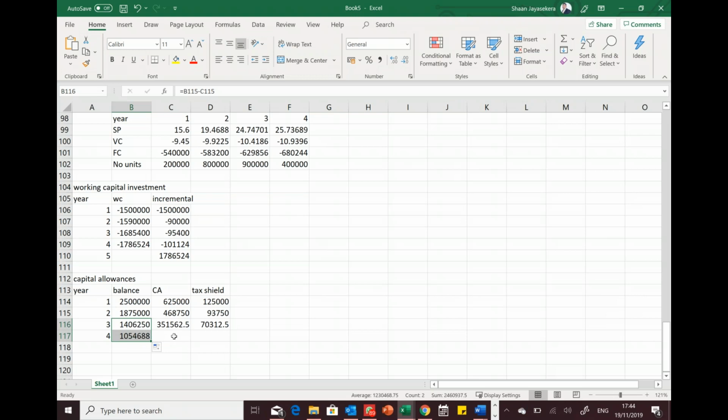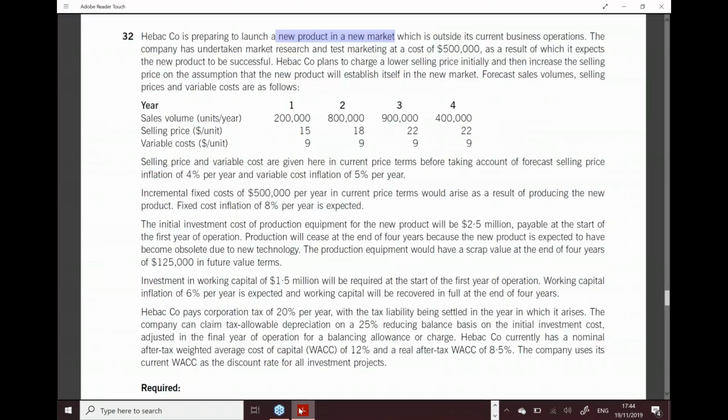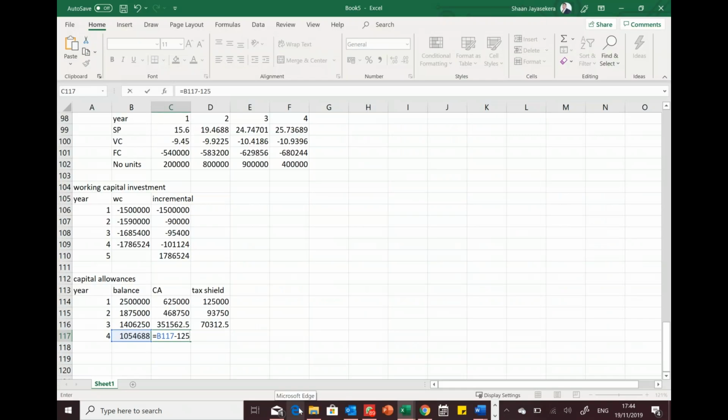But since there is a scrap value, I am going to only get a balancing allowance, and this is what we call the balancing allowance, right? My scrap value on this machine is 125,000. So from this, I will minus 125,000, which now gives me a balancing allowance.